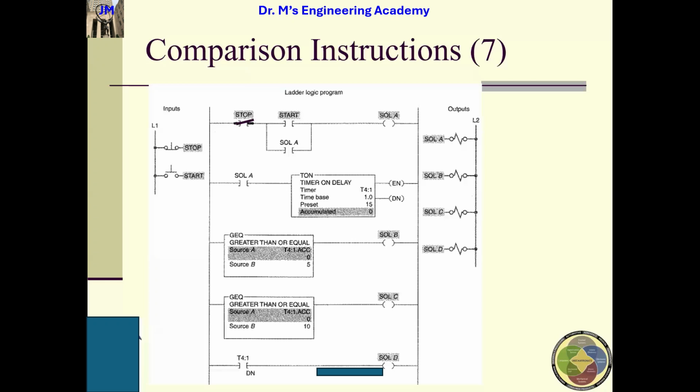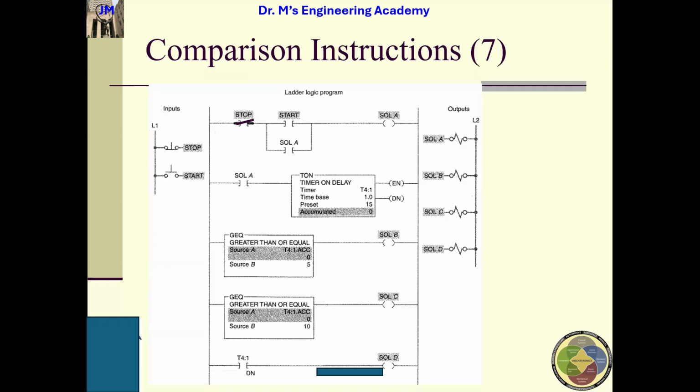If this ACC value is greater than 5, solenoid B will be turned on. Otherwise, solenoid B is off. And the next one, if the ACC value is greater than 10, another program constant, I'm going to energize solenoid C.